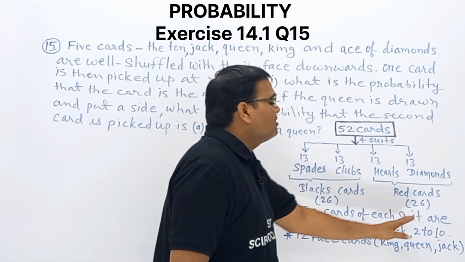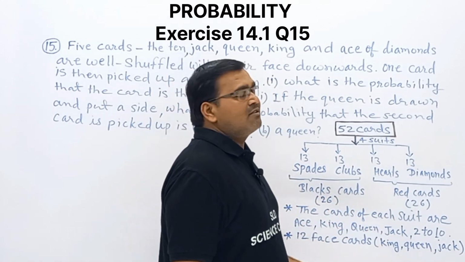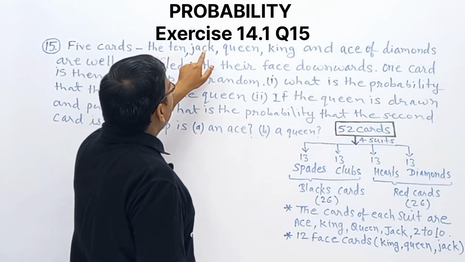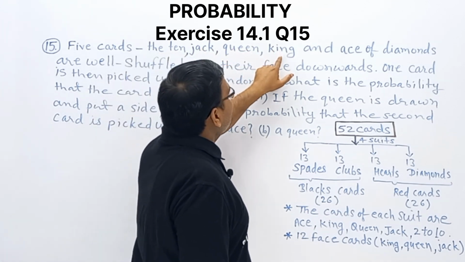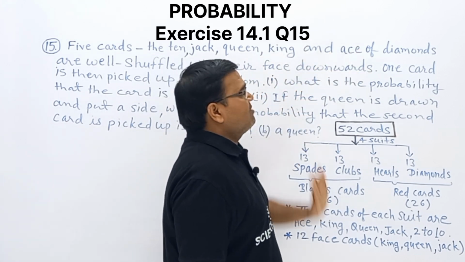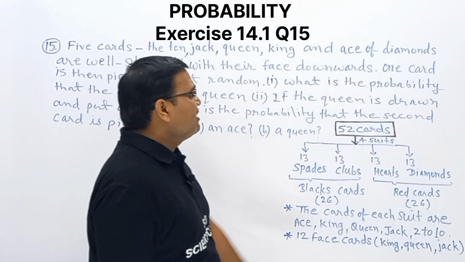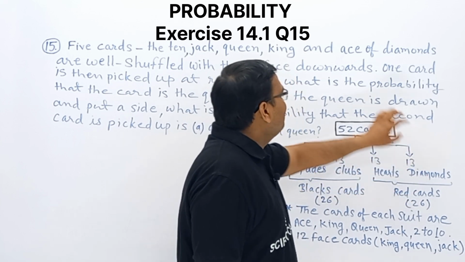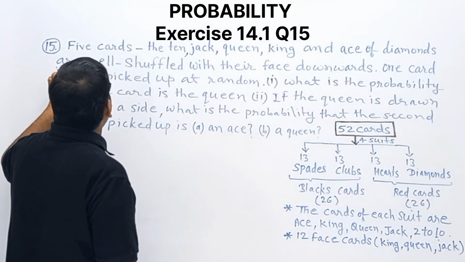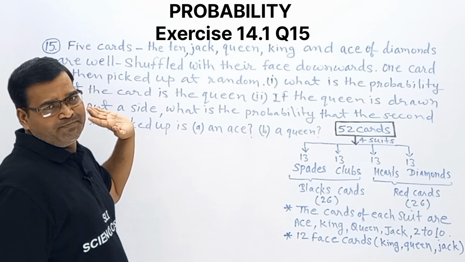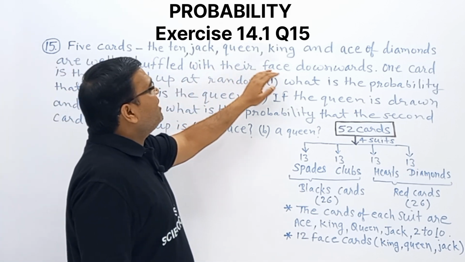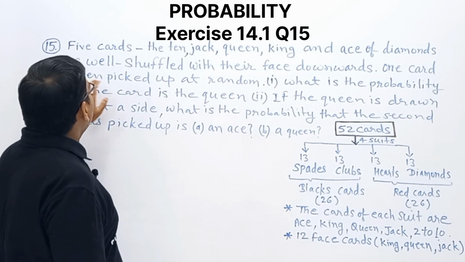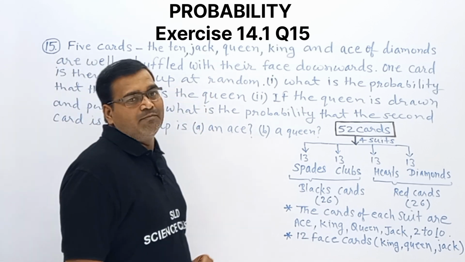So out of these 13 cards, we are having 5 cards: 10, Jack, Queen, King and Ace of Diamonds. These 5 cards are well shuffled with their face downward. One card is then picked up at random.